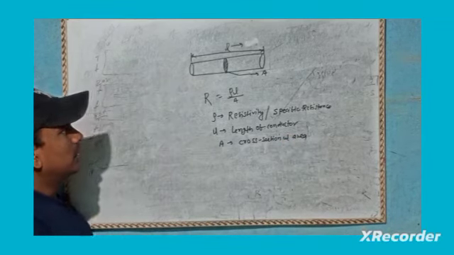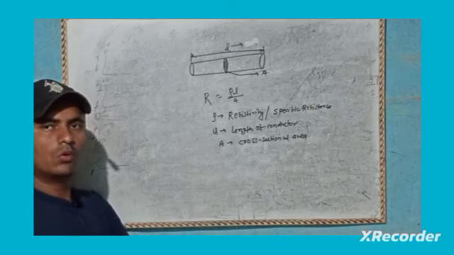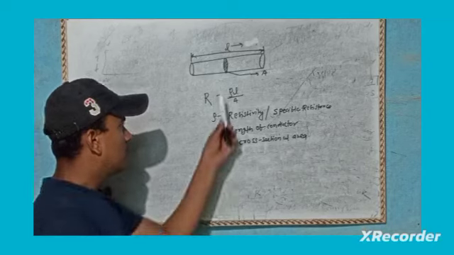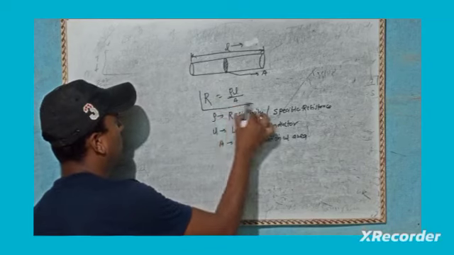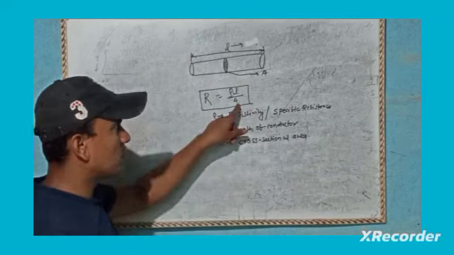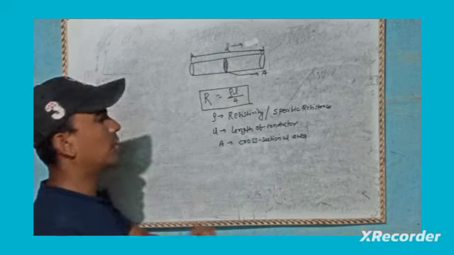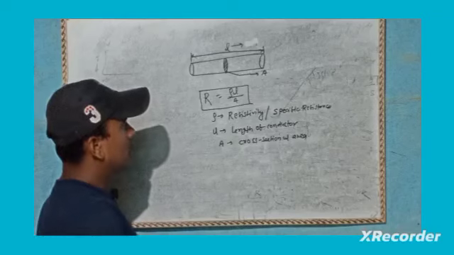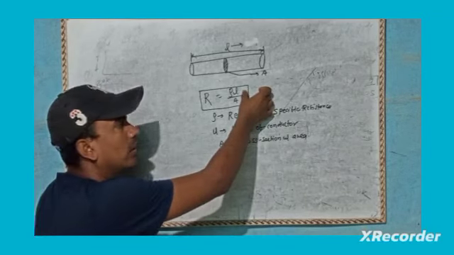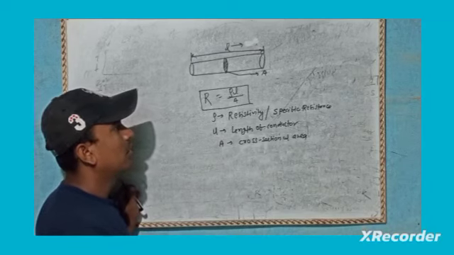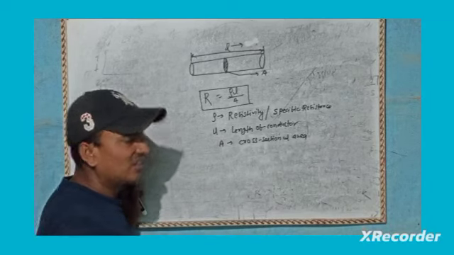If you ask somebody whether the resistance depends upon voltage, you can say no. Current, you can say no. The resistance depends upon the cross-sectional area of the conductor or material, the length of the conductor or material, and the resistivity or specific resistance.